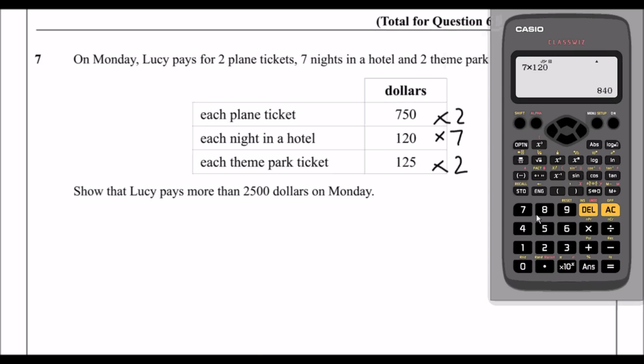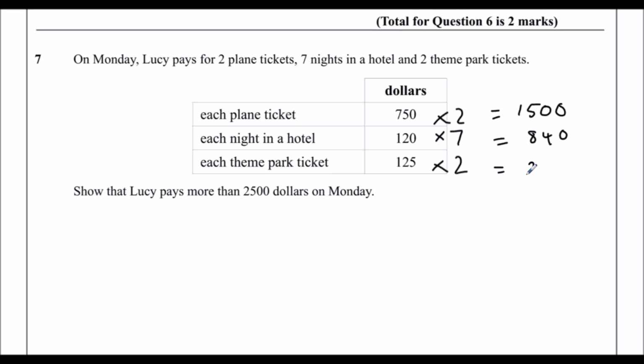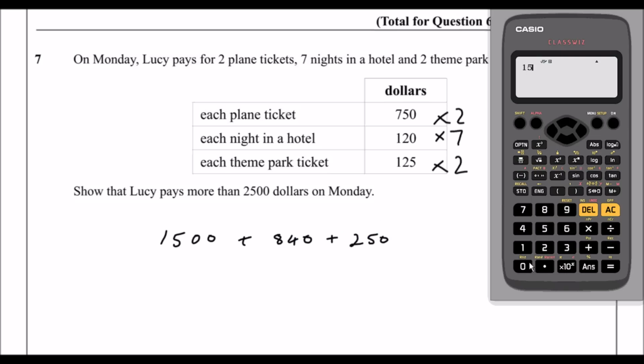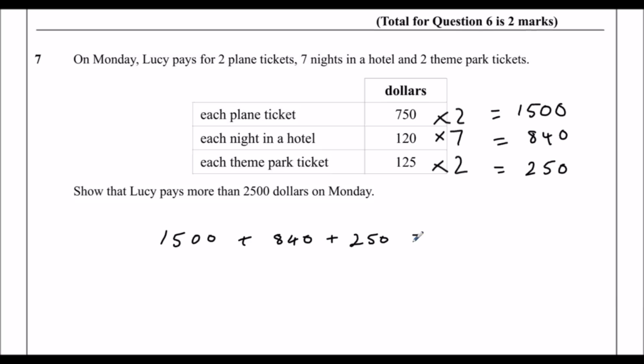And we've got 2 125s, which is 250. So in total, we've got 1,500, 840, and 250. So we add them all together, and we get 2,590. And so we've shown that it is bigger than 2,500.